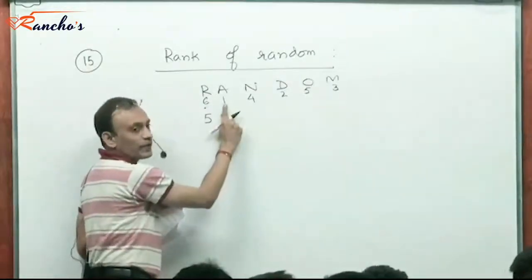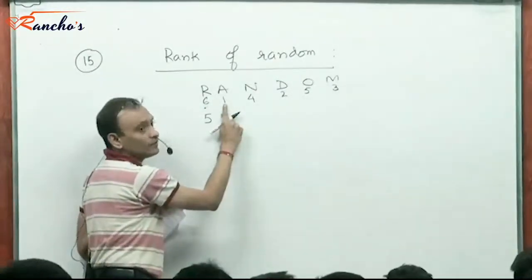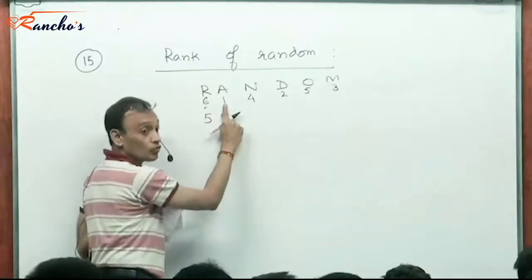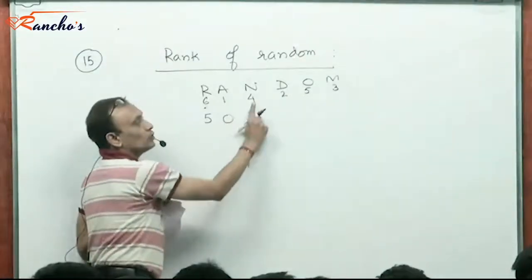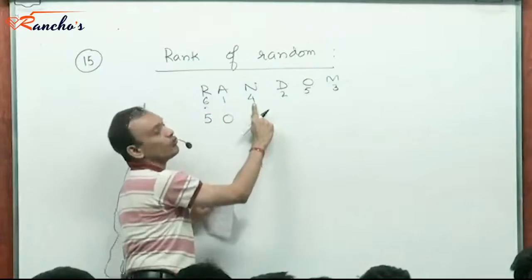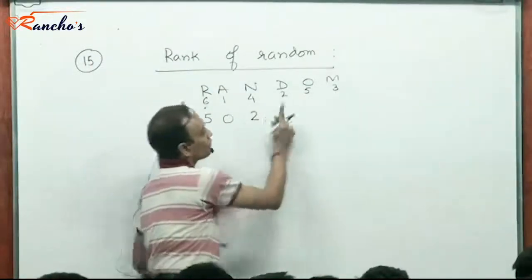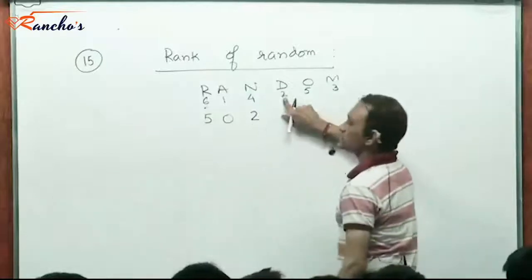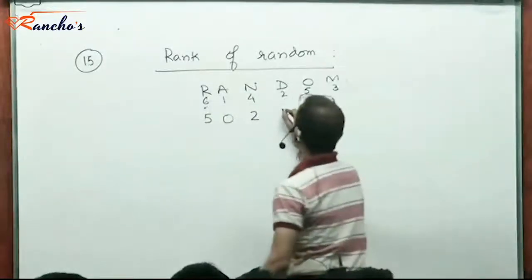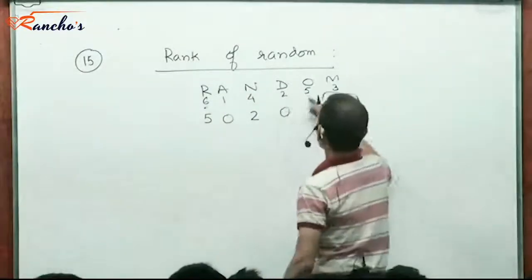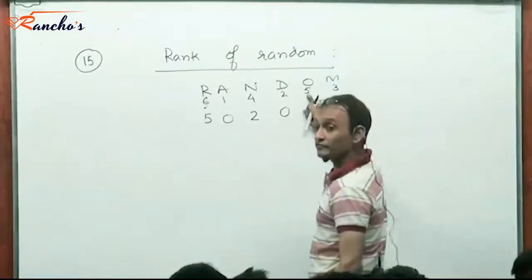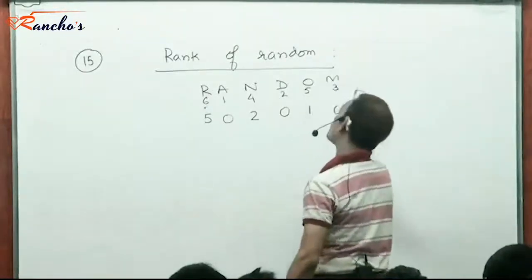Then come to A. How many are to the right of 1 less than 1? 0. To the right of 4, how many are less than 4? 2. To the right of this, how many are less than 2? 0. To the right of 5, 1, 3, 0.